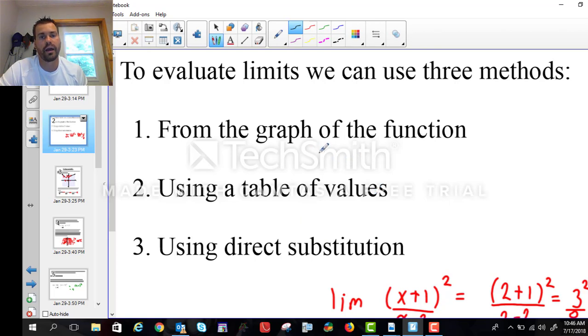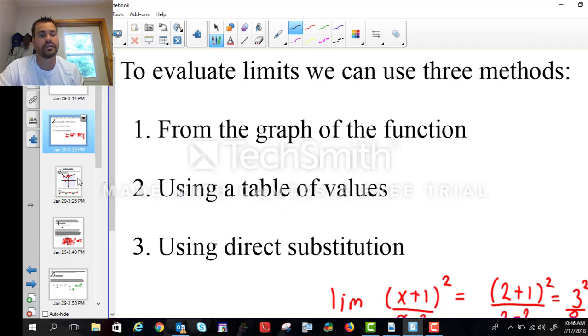So this method, the graph method, depends on you having the graph. You can either get that by taking the algebraic expression and graphing it using graphing software of some sort, or you can be given the graph at the beginning, or the other option is to take the algebraic expression and use one of these 2 methods.